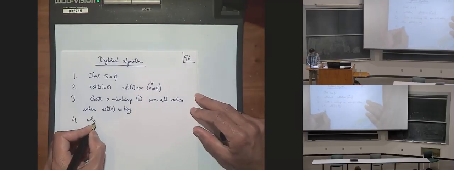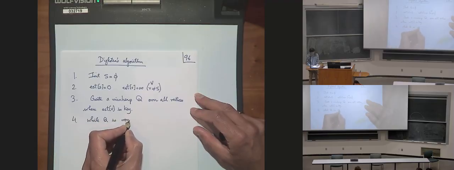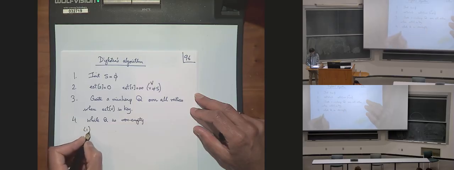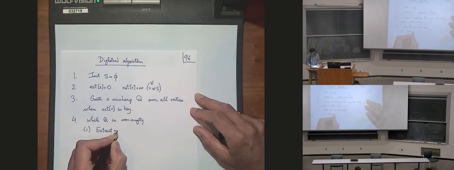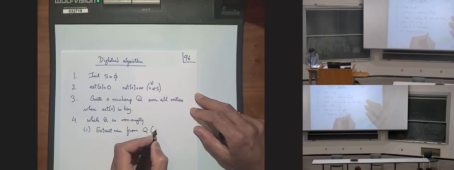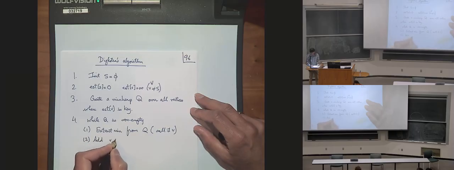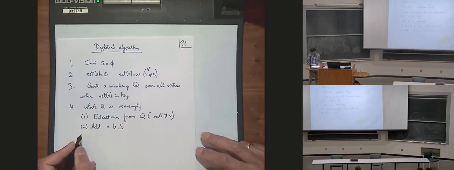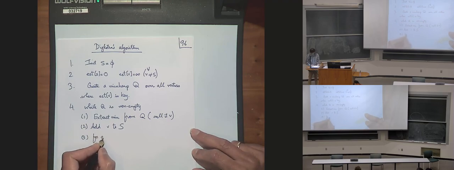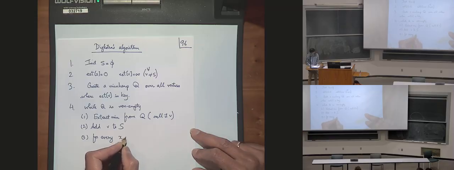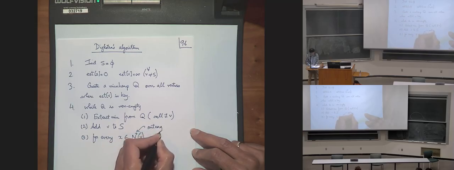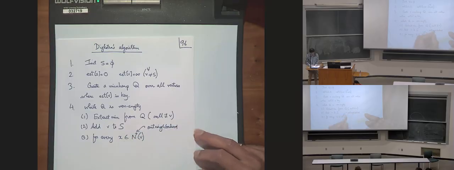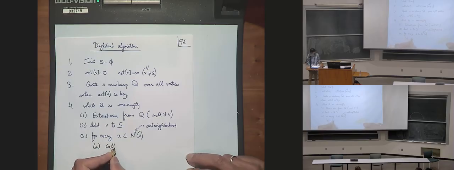So we'll do while the queue is non-empty: you do an extract min from the queue, call it V, add V to the set of things that we've already visited, and then for every X in the out neighborhood of V, we will call relax Vx.